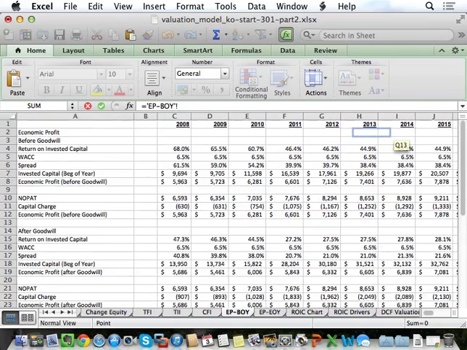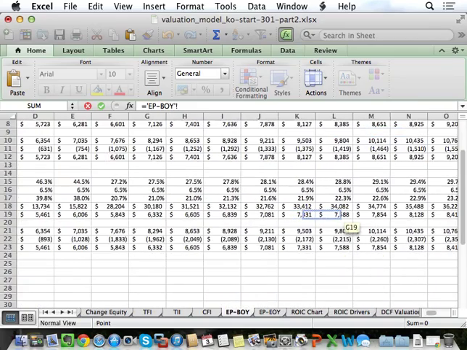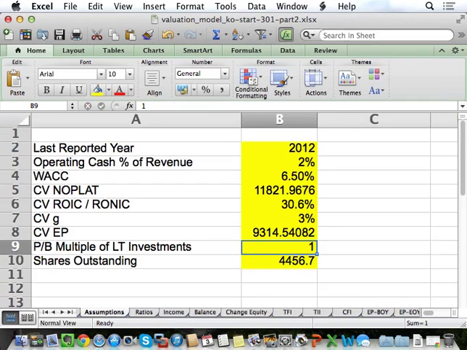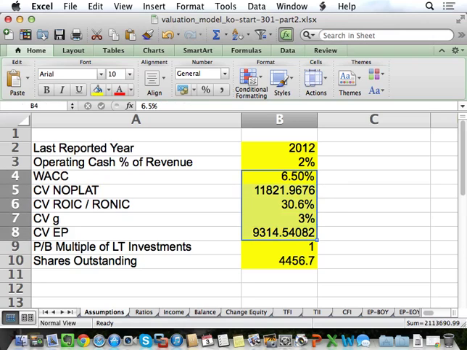So 2023 economic profit, row 23, R23, off the BOY tab. So that's my continuing value of economic profit in the year 2023. So those are the 5 items that I need as part of my continuing value formula.